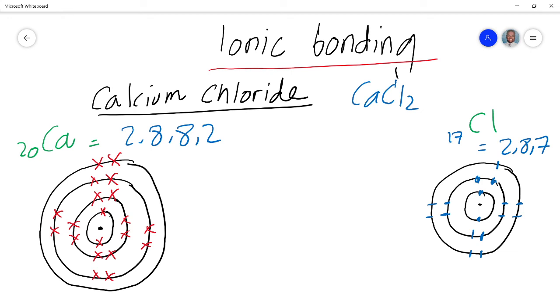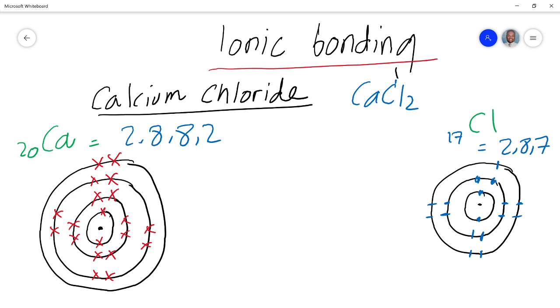Now, if you looked at my previous question, you had sodium which had 1 electron, so that last electron gets transferred. But in this case, we cannot exactly do that because calcium's got 2 electrons. We can't transfer both those electrons to one chlorine because chlorine would end up having 9 electrons, and that would break the octet rule.